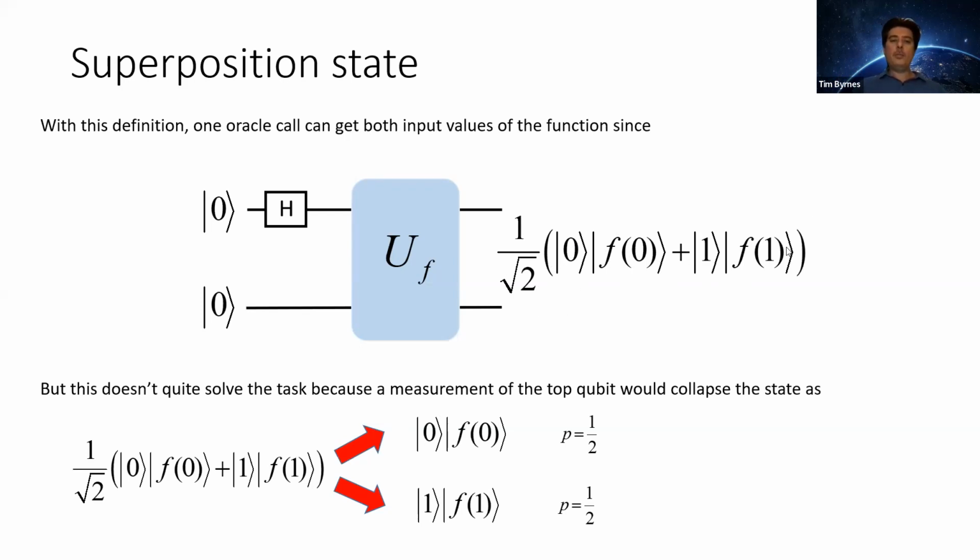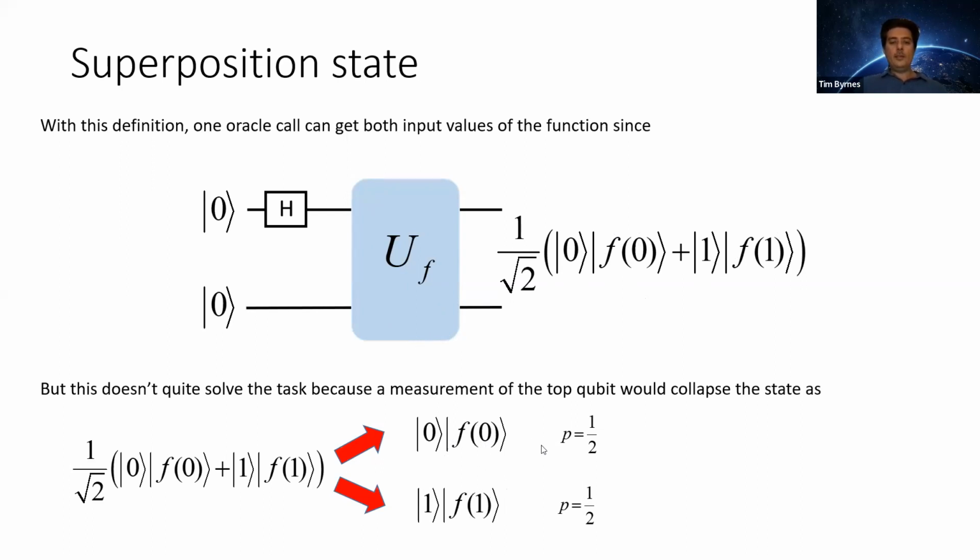And then we're back to square one, because the whole point of doing this was that we were trying to get both of these with only one application of this oracle. But because we can't extract both of them, we only extract one of them, probably half, and you're going to have to do this twice.